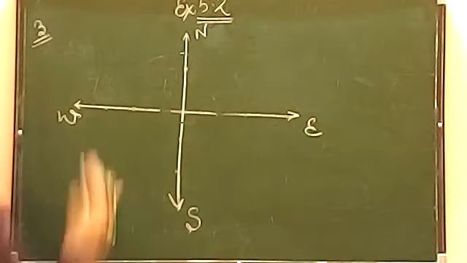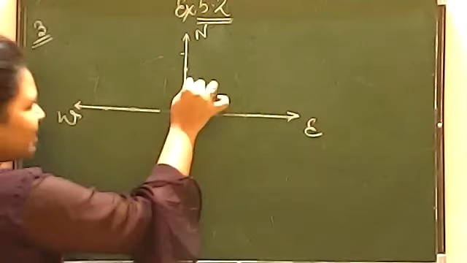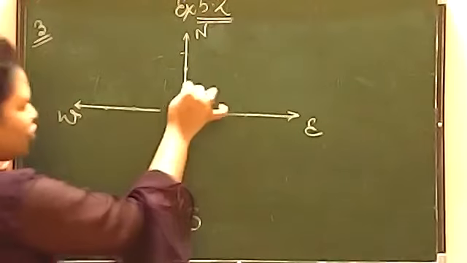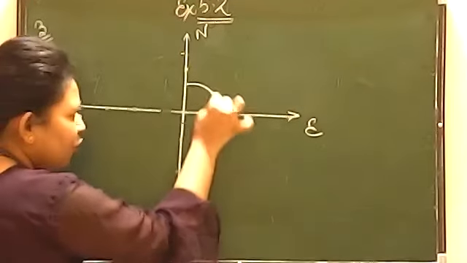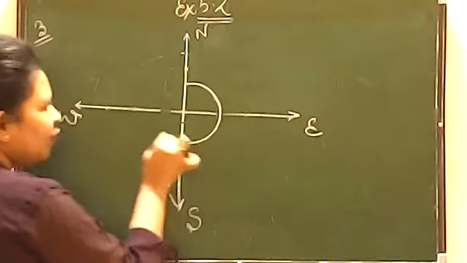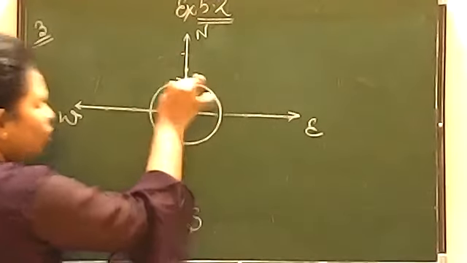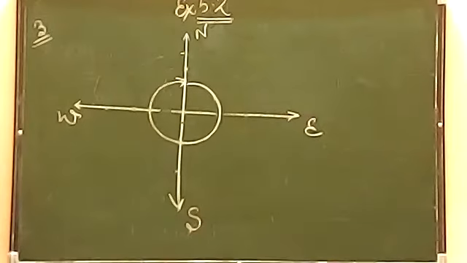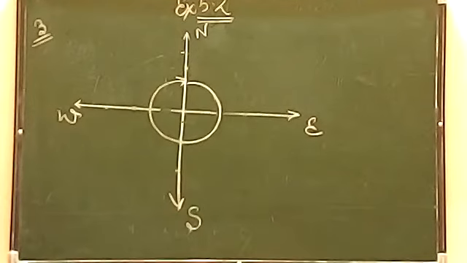Look here. You will start from north and you will again come back to north only. Whatever direction you start from, after completing one full revolution you have to come back to that same direction only. We come back to where we started when we do one complete revolution.